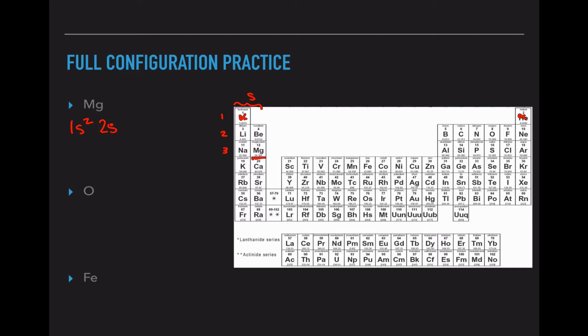I have 2s2, that's lithium and beryllium's electrons accounted for. I have 2p6, boron through neon, and then I have the 3s level, and I have 1, 2 electrons in the 3s level.